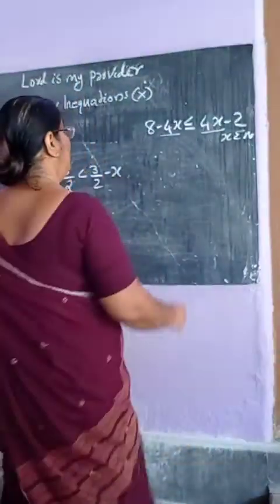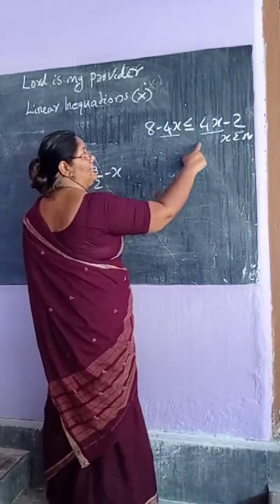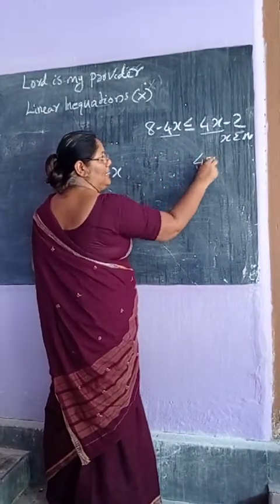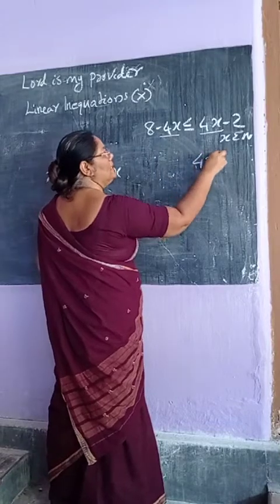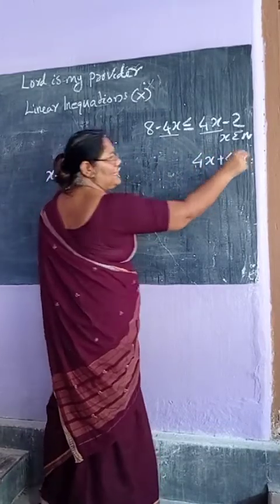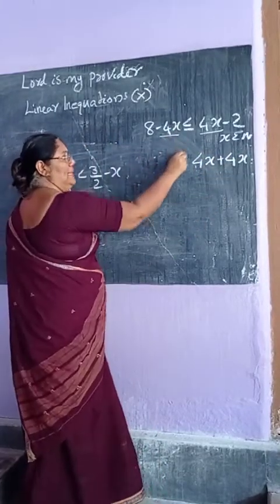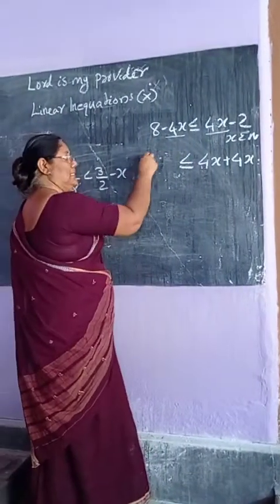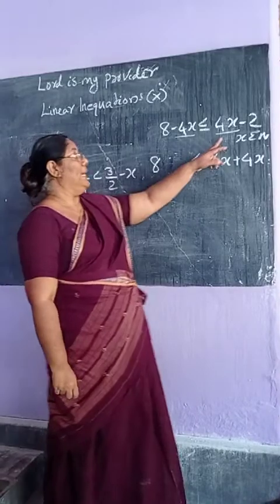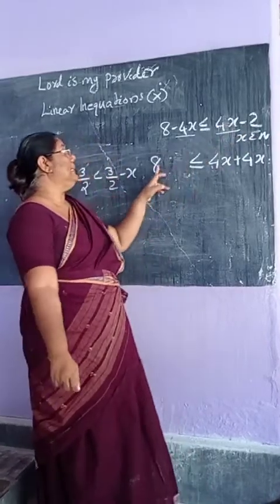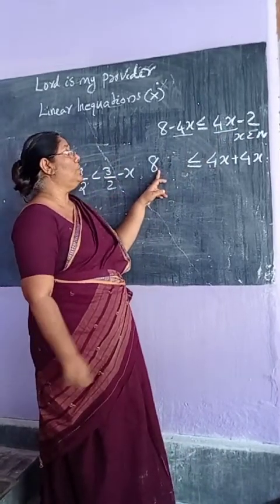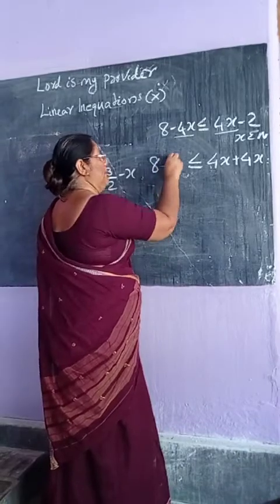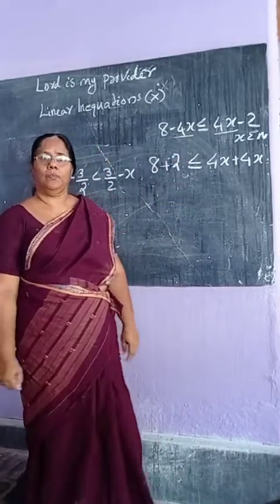Therefore, convert this minus 4x to this side. That minus 4x changes to plus 4x. Then simple, it is like this. 8 is in its place. Minus 2, when you convert to this side, changes to plus 2.